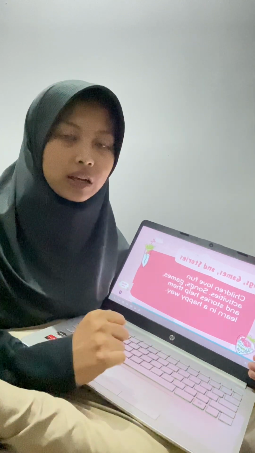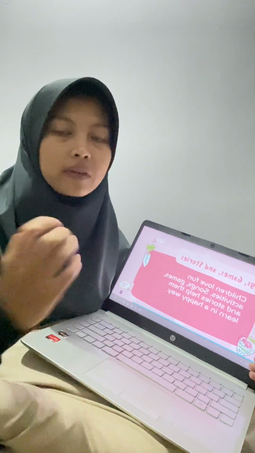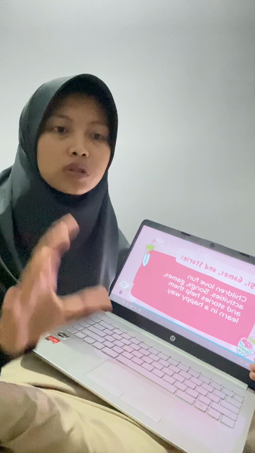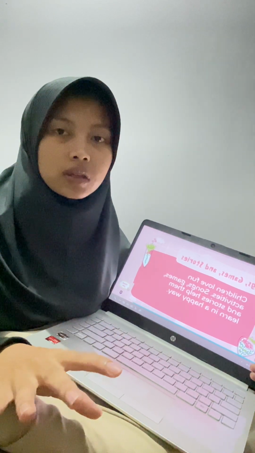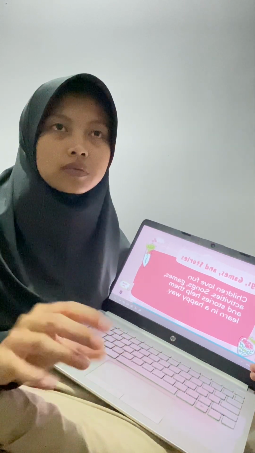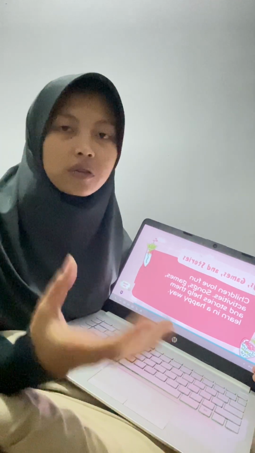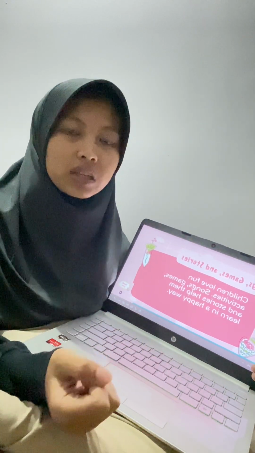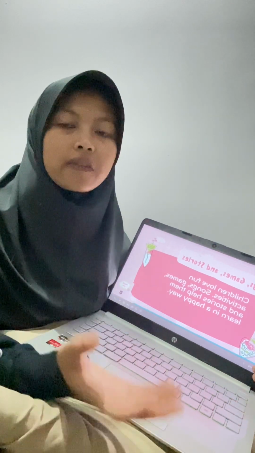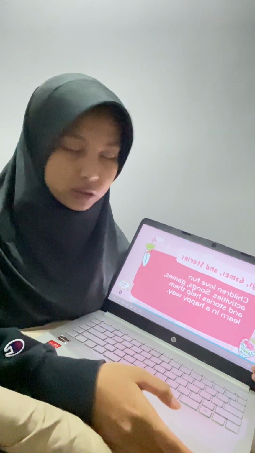So we as teachers have to think about how to teach them and how to engage their focus, because a young learner has short-term memory.